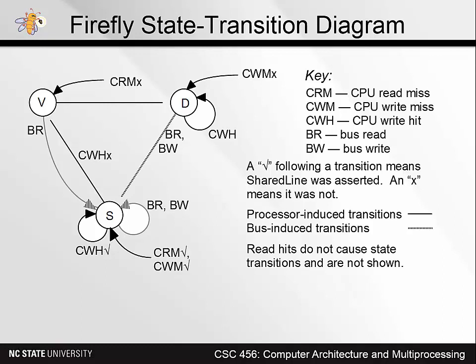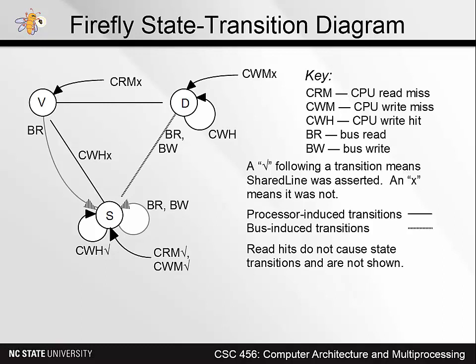If the block is in state V and there is a CPU write hit, the block transitions to state D. If the block is in state D and there is a CPU write hit, the block stays in state D. If the block is in state S and there's a CPU write hit, what happens depends on whether the shared line is asserted.